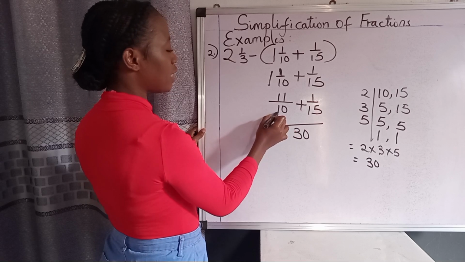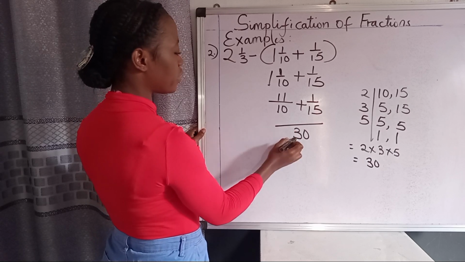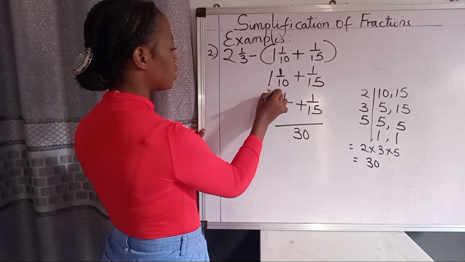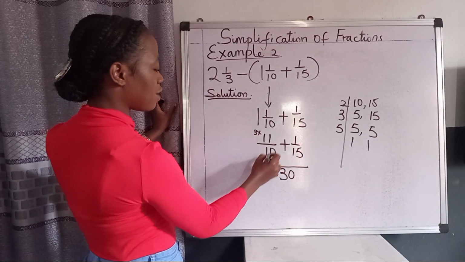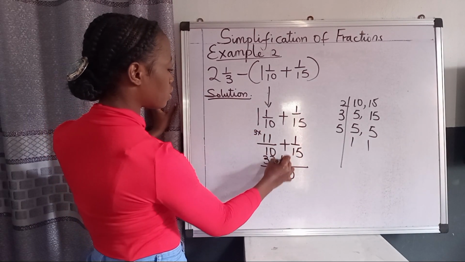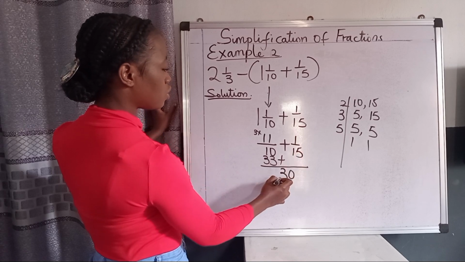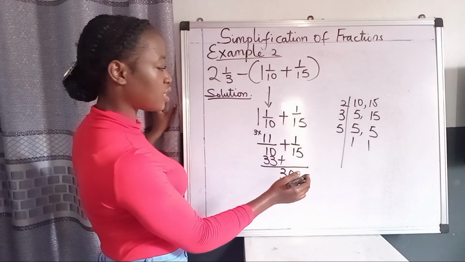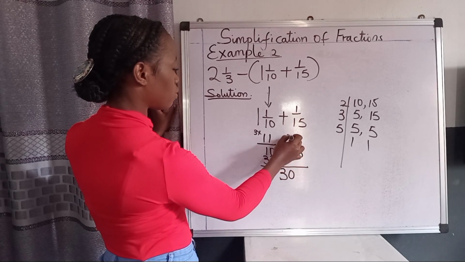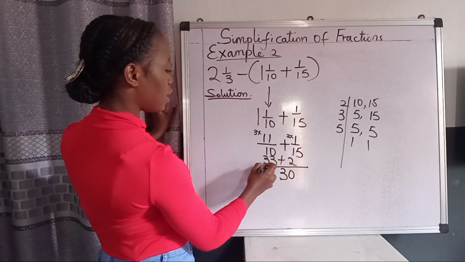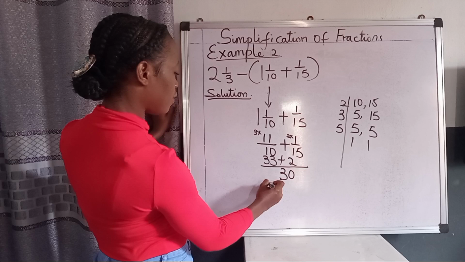30 divided by 10, that's 10 in 30 is 3, because 10 times 3 is 30. 3 times 11 gives you 33. Plus 15 in 30 is 2, because 15 times 2 is 30. So 2 times 1 is 2. 33 plus 2 would give you 35.